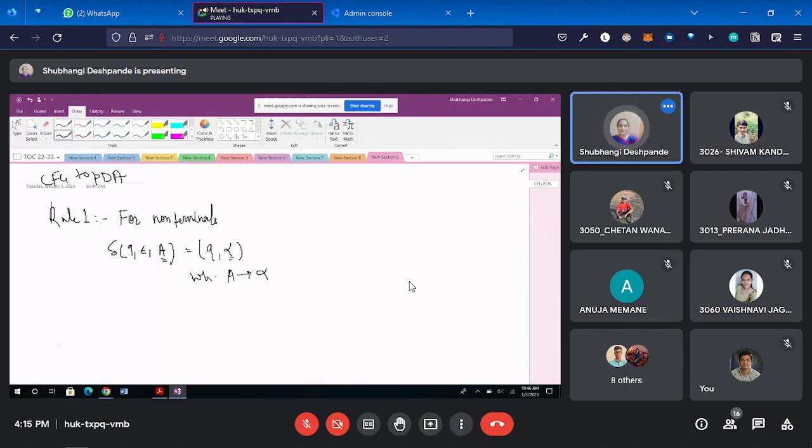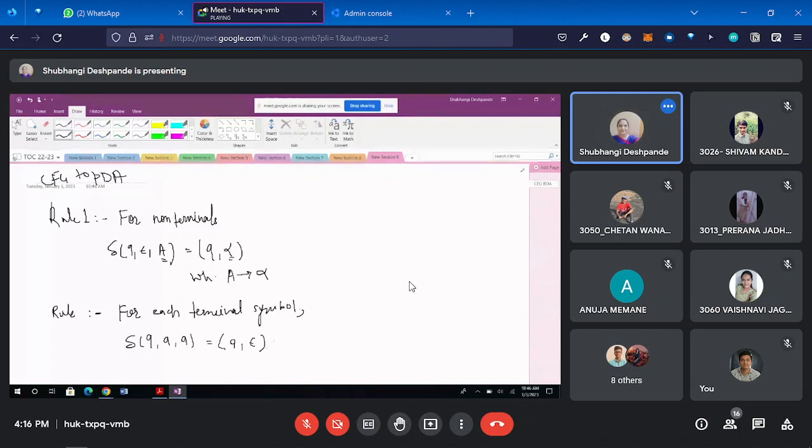Then rule 2 tells you about the terminal symbols. For each terminal symbol, delta(q, a, a) gives (q, epsilon), for every terminal.